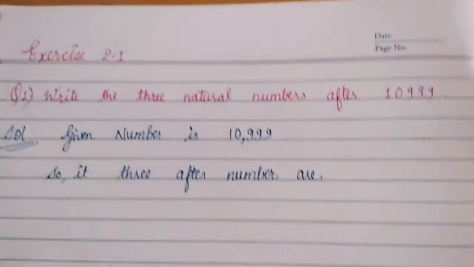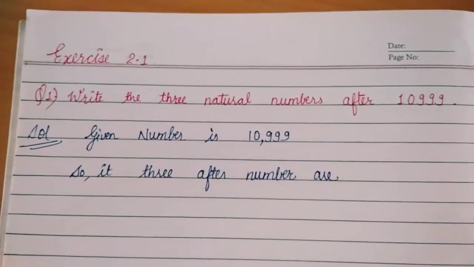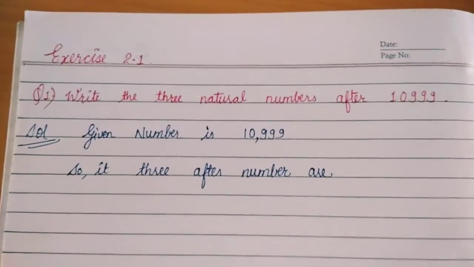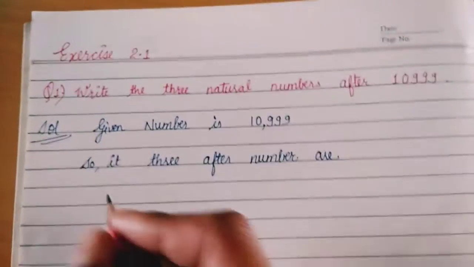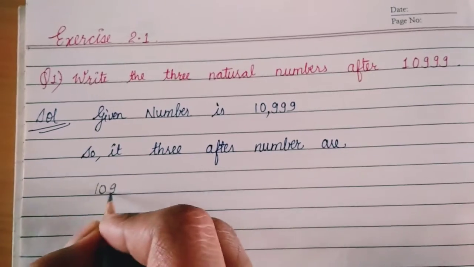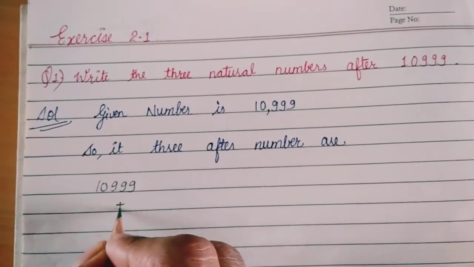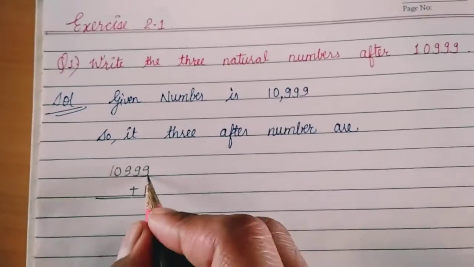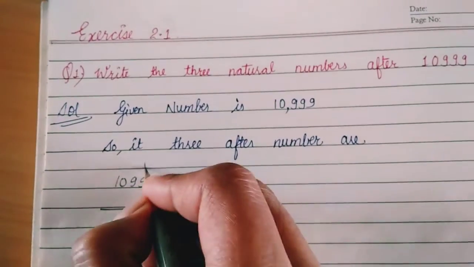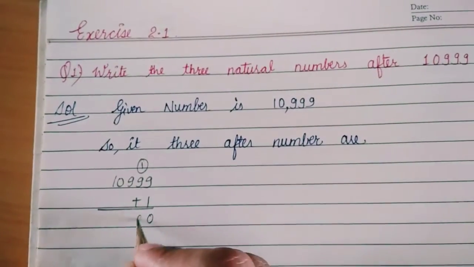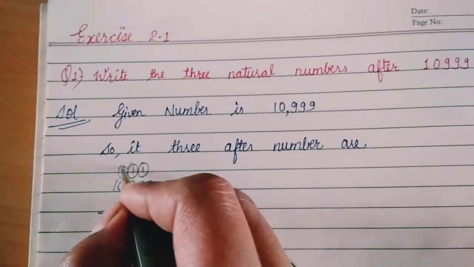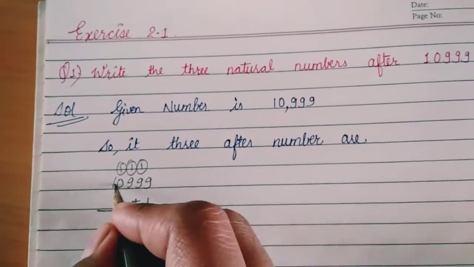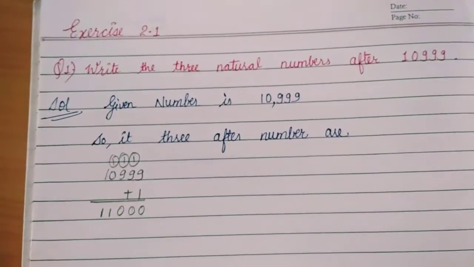We know an after number can be found when we add 1 to it. So 10,999 plus 1: 9 plus 1 is 10, 9 plus 1 is 10, 9 plus 1 is 10, and 1 plus 0 is 1, and this 1 comes as it is.